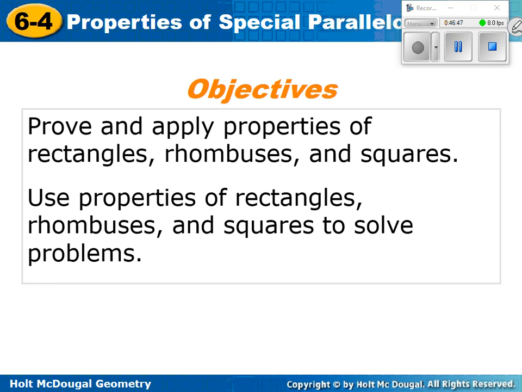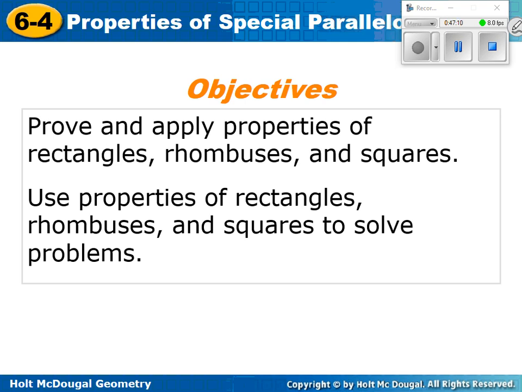One of them, it's a shortcut because you don't have to have both pairs of consecutive angles supplementary. You just need one angle supplementary to the ones next to it. And then you've got the 6th way, which is just an extra way to prove it. Okay, if one pair is both parallel and congruent, that's enough. You don't need the other pair of sides. Are we all good with the parallelogram?